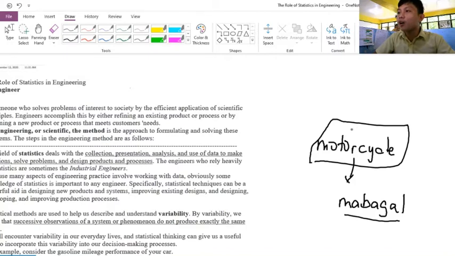Kapag mabagal yung motorcycle, marami tayong iisipin, di ba? Una sa lahat, baka flat ang gulong. Pwedeng mabagal ang motorcycle kasi number 2, sira ang engine.